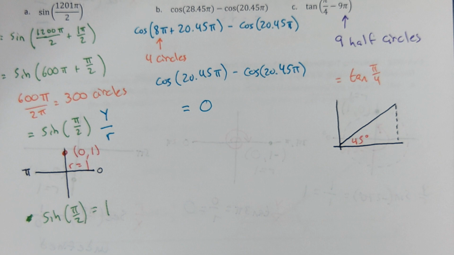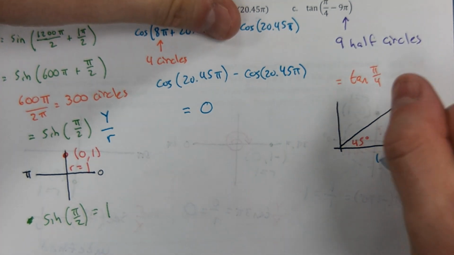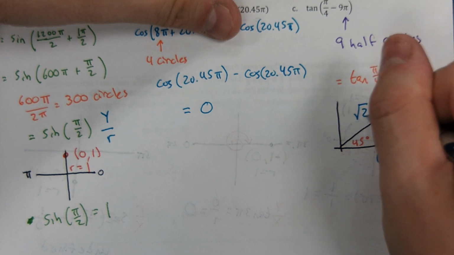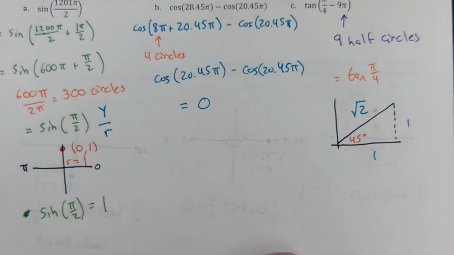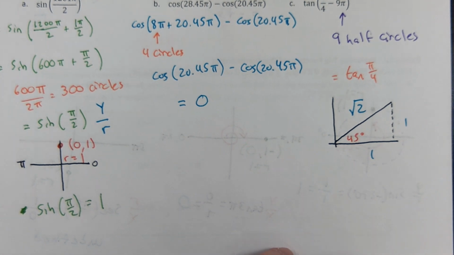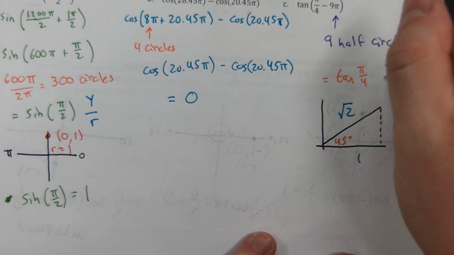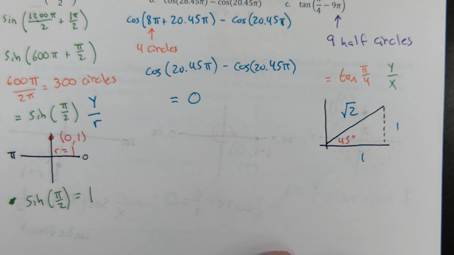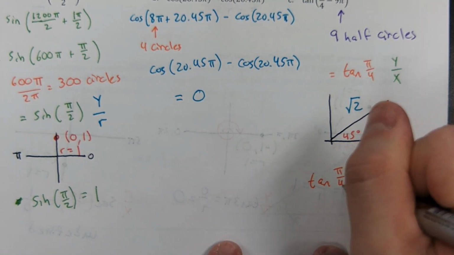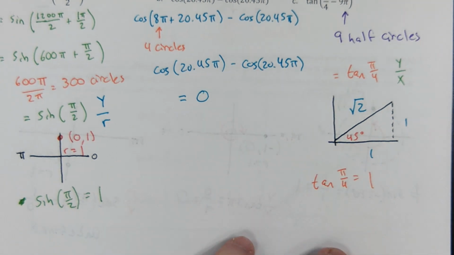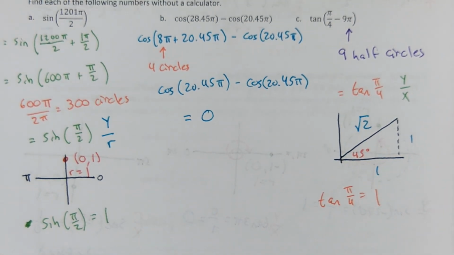That makes that a 45, 45, 90, which has side length ratios of 1, 1, root 2. Tangent uses y over x. So tangent of pi over 4 is 1 over 1, which is 1. Boom.